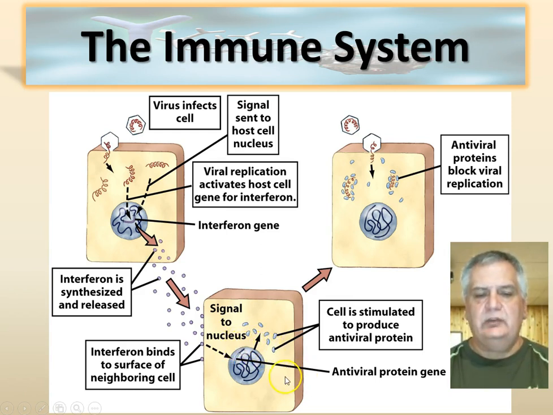So if this cell then becomes infected by a virus, as we can see in this top right diagram, when the virus inserts its DNA, it'll have no effect on the cell because the antiviral proteins will block viral replication by blocking the ability of the viral nucleic acid to insert itself into the genetic material of the healthy cell.